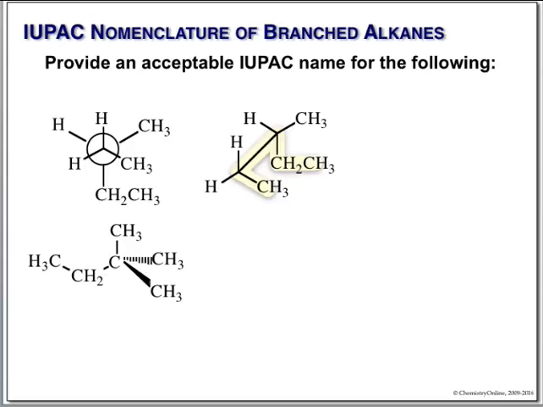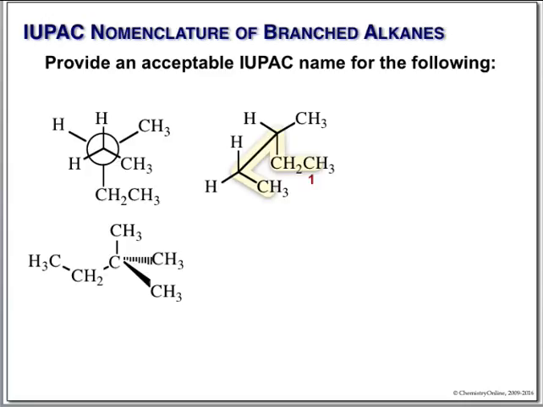Now we need to decide who gets carbon number 1. Actually, the methyl group is in the middle of this chain, isn't it? So it doesn't matter. It's a tie. So let's just let this be carbon 1 just for the heck of it. So what's our parent with 5 carbons? It's a pentane.